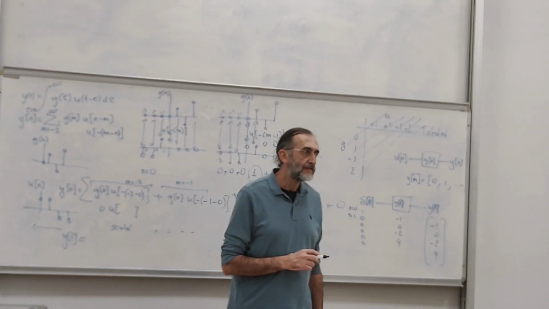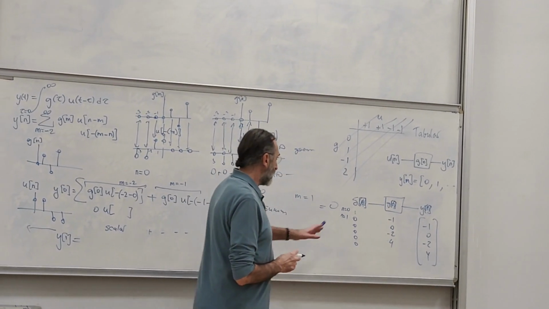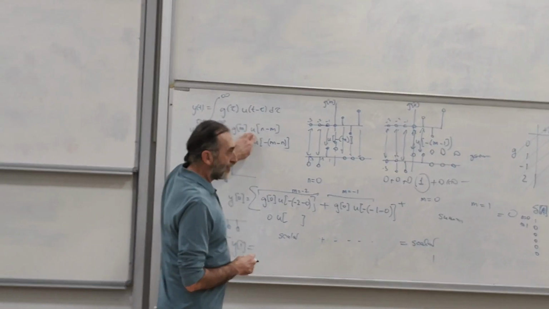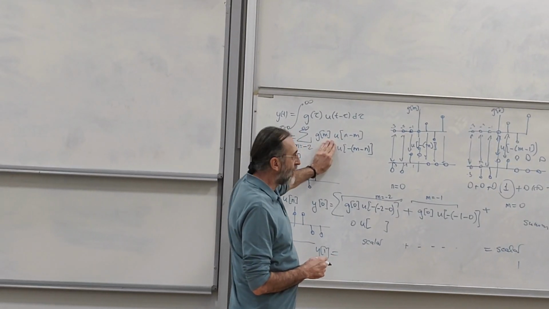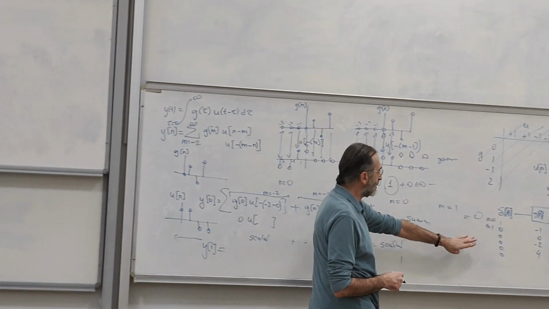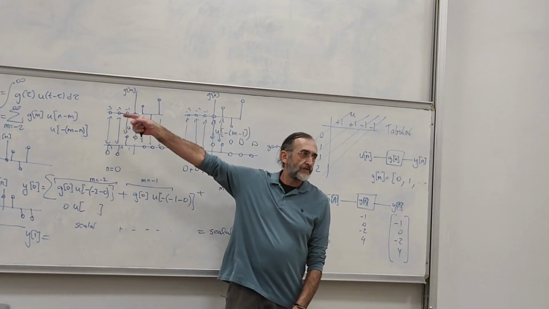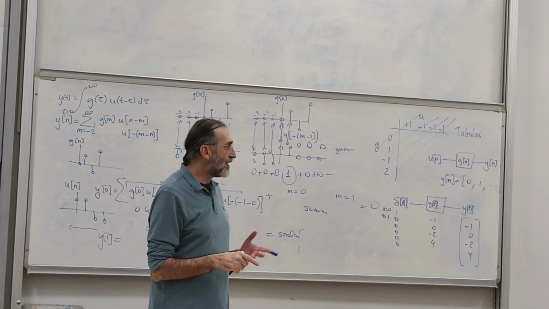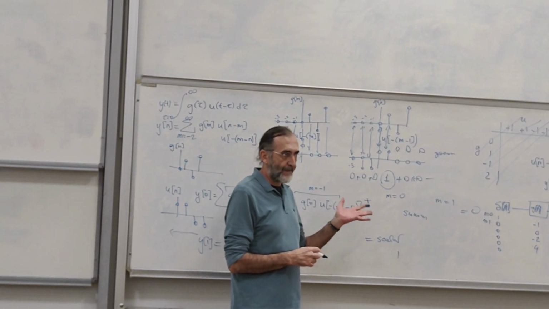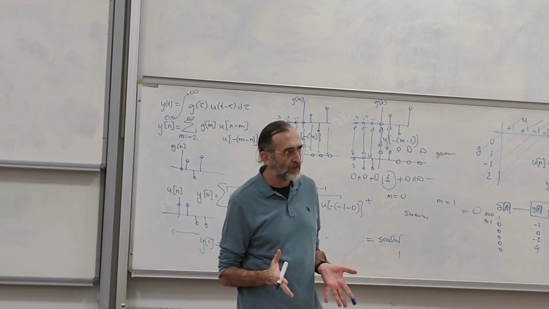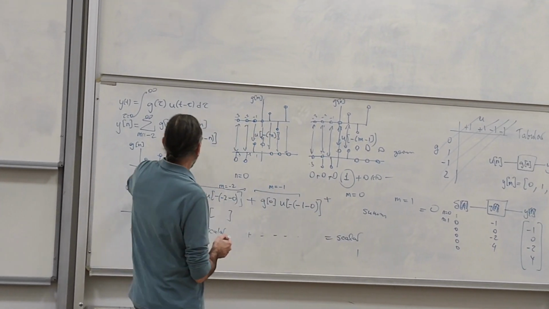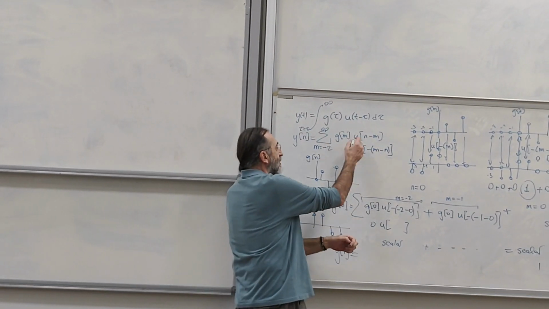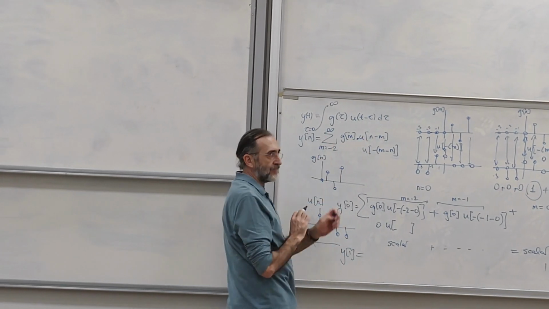So we shift the delta function to find all the outputs. Whatever you do, on the integral, on the summation, you apply it to the input. If this is the input, you do what the recipe says. Alright? So learn what the recipe says, and learn how to do it with your eyes closed. Okay? It's very simple actually. Once you understand that, the formula requires you to shift, multiply, and then sum.